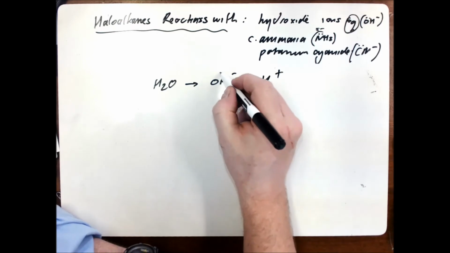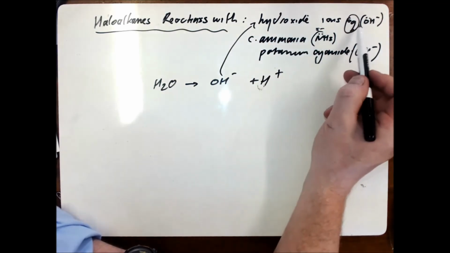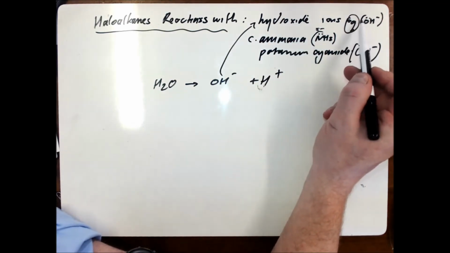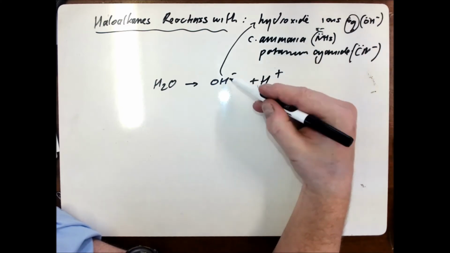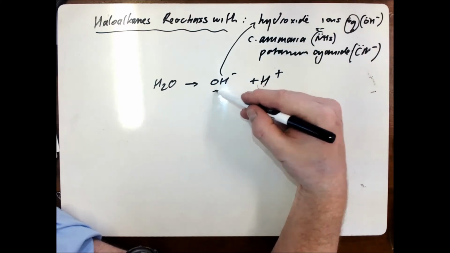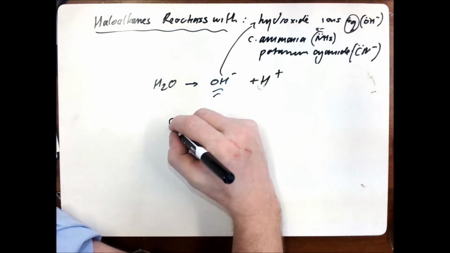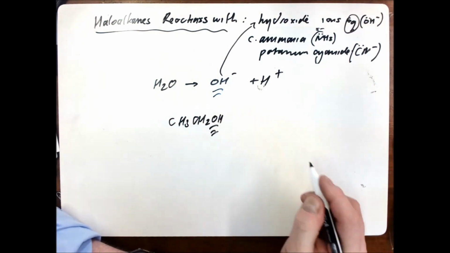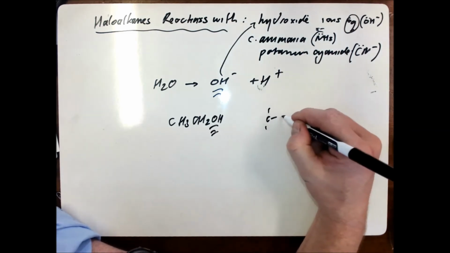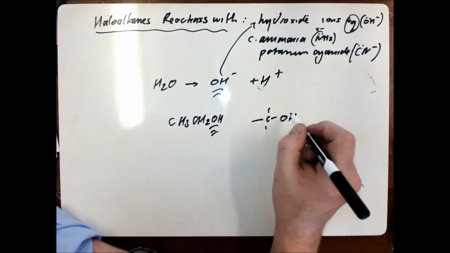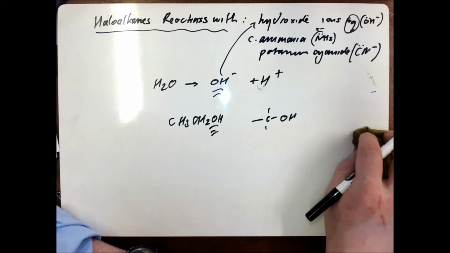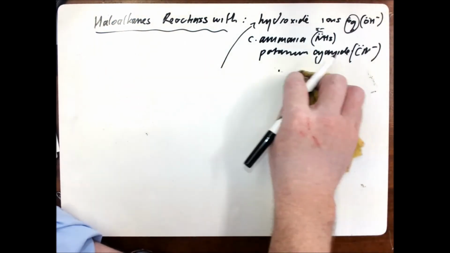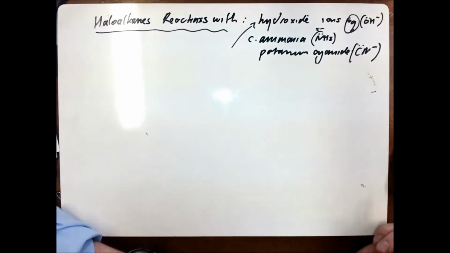So if we did use water as a solvent, we would tend to get a lot of alcohol produced. So for these reactions, we avoid using water because we don't want hydroxide ions in there. If we use ethanol as our solvent, we do have an OH in there, but that is not a hydroxide ion. That is a covalently bonded OH, a hydroxyl group, which is a different thing altogether.